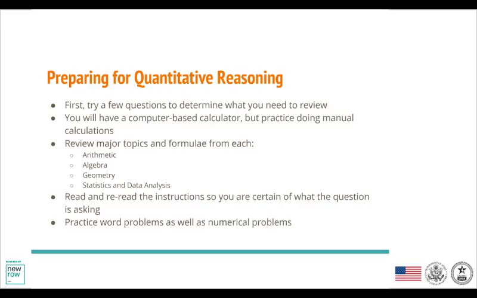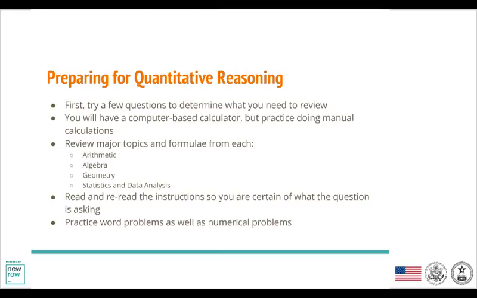So you may be given a total number of people who believe in one platform and then a group of people who believe in another platform, and you're asked to assess the percentage of people that would agree with one or the other. So again, review those basic statistics and data analysis strategies.